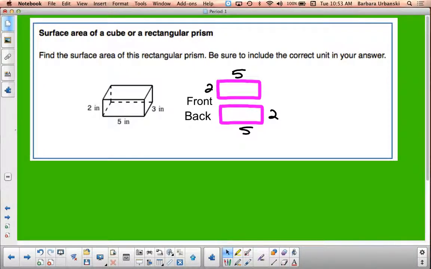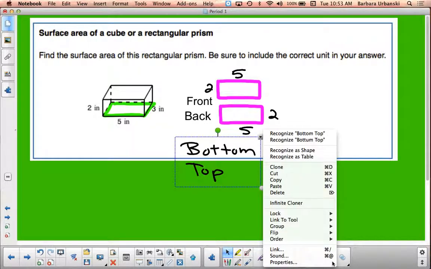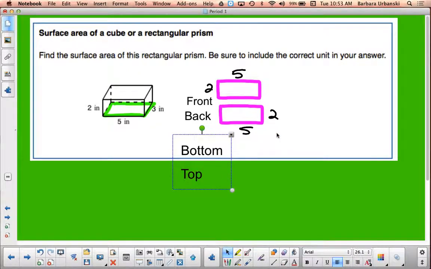So then let's take a look at the top, or the bottom, which would be the same. I'm going to go ahead and just outline that. You should be able to say, okay, I'm looking at the bottom, and I'm also going to be looking at the top because both of those measures should be the same. So I've got a top and a bottom.